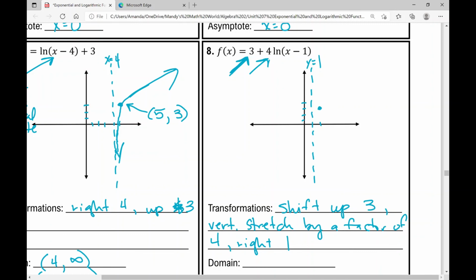So instead of it being (1, 0), it's moved right 1, that would be at (2, 0), up 3. That means this key point here is at (2, 3), okay?